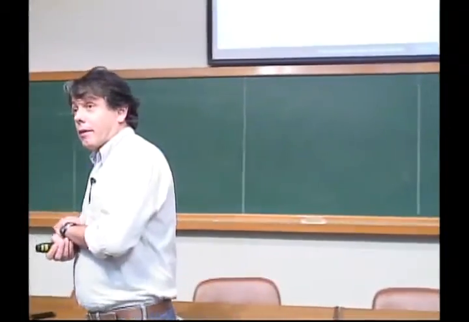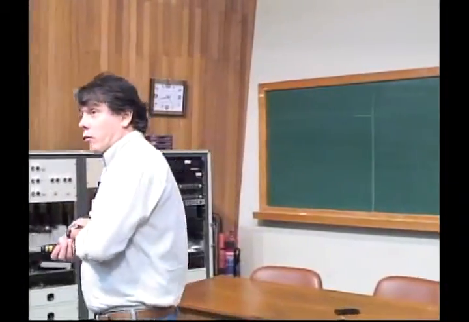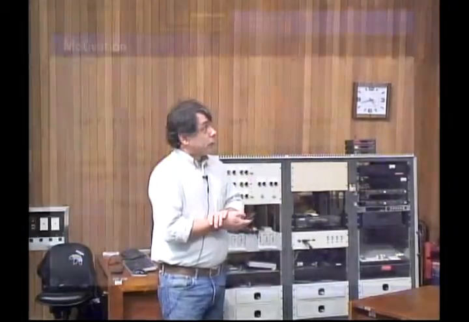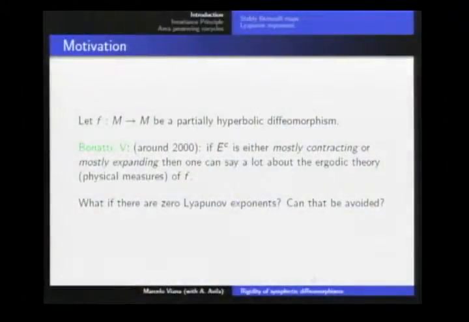So that immediately raised several questions. Perhaps one of the trickiest was what happens if you have both expansion and contraction along the center, which we didn't really think so much about. But we did think a little bit about the even more obvious question of what if there are zero exponents along the center direction?